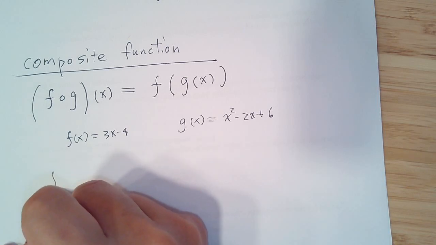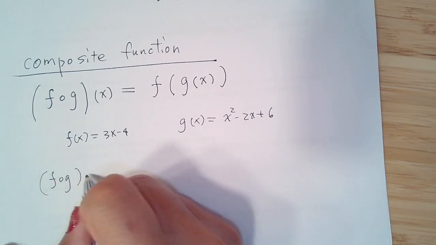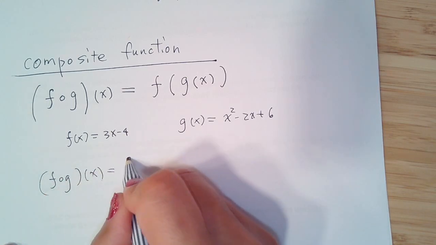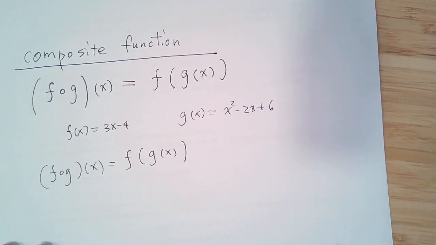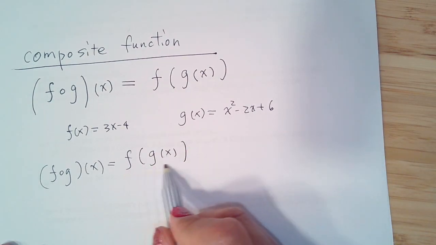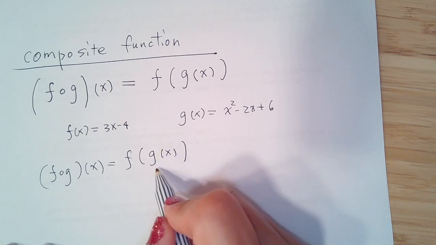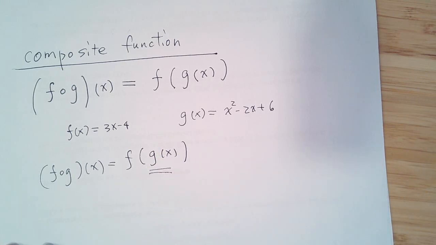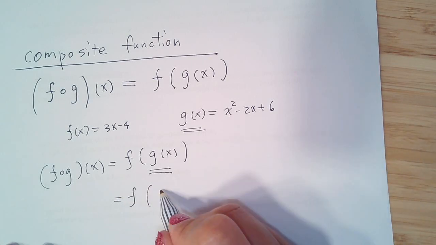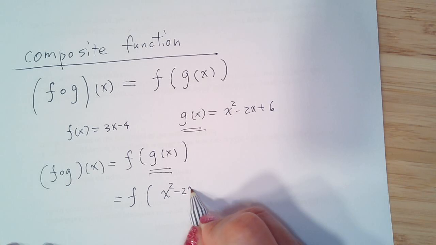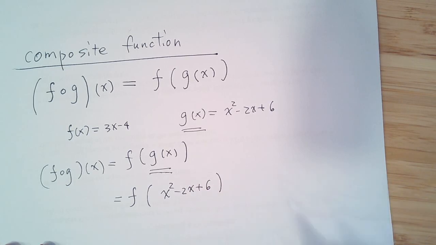Now, f circle g of x should be f of g of x. I'll tell you what to do. This looks too complicated, but do you know g of x? Do you see that? Yes. So I just put that in: x squared minus 2x plus 6.